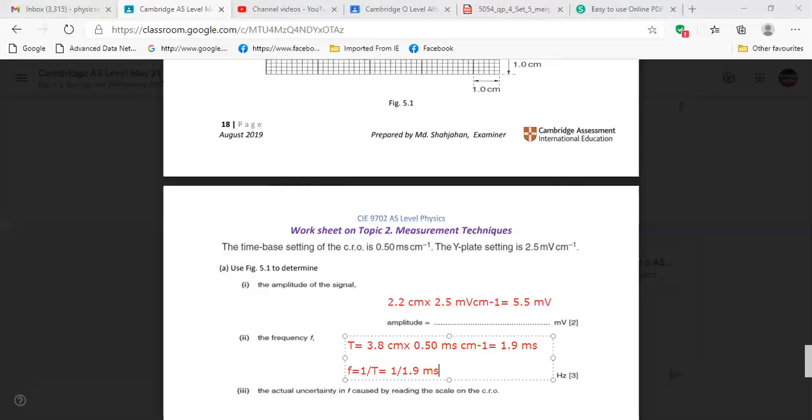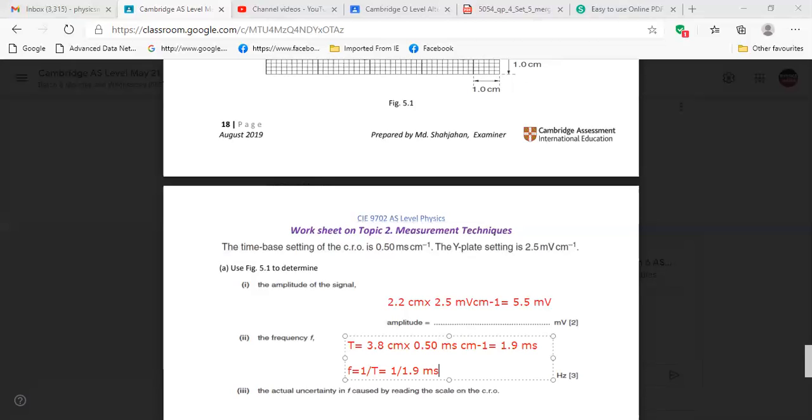If you want to convert to frequency, and the answer is given in hertz, right? So hertz is the SI unit. So before calculation, you convert millisecond to second. Before getting the frequency, you convert millisecond to second, then you calculate.